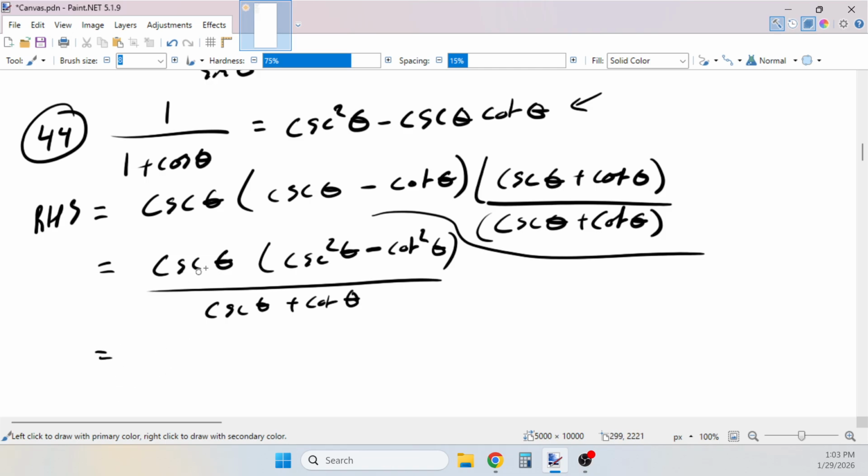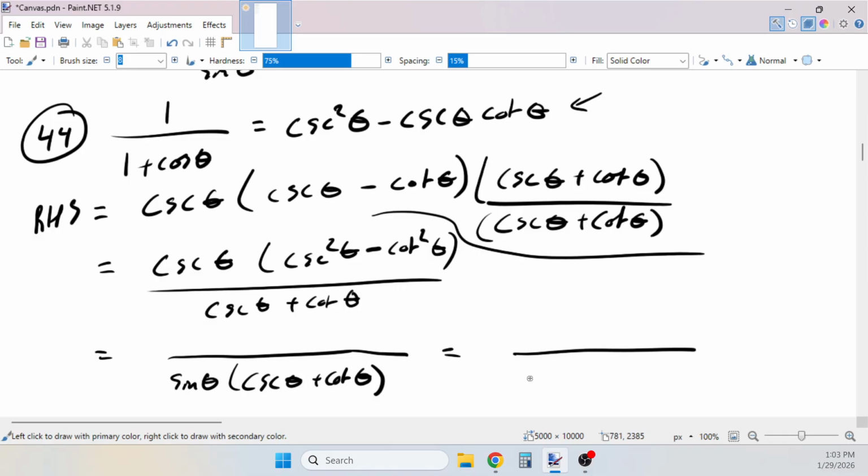Cosecant is 1 over sine. I can pull this down as sine theta times cosecant theta plus cotangent theta. That's kind of promising, because in the next step, the sine and the cosecant cancel, and the sine and the cotangent will give cosine.